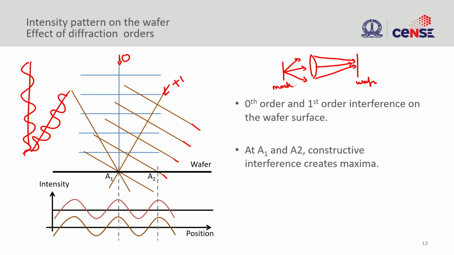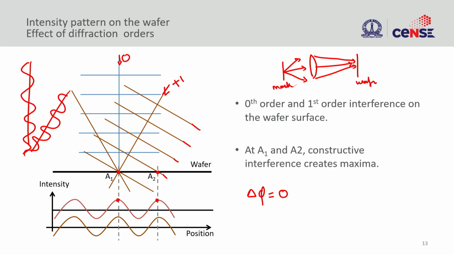Whatever lines you see define the equiphase. On this particular line, the phase is constant. To create constructive interference, you do not want any phase difference. That means the phase difference between the 2 beams should be 0. These are the instances where you have the same phase, there is no phase difference, and that is the reason you have high intensity.